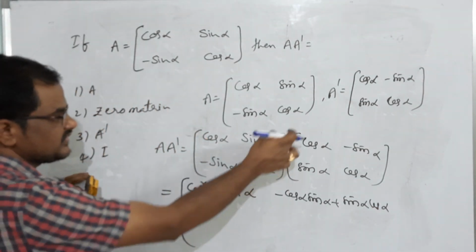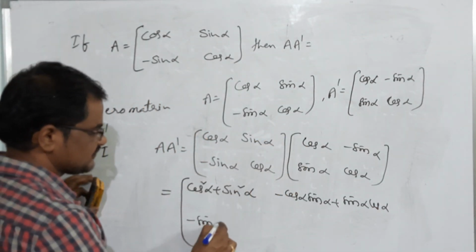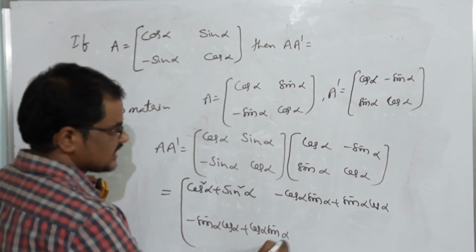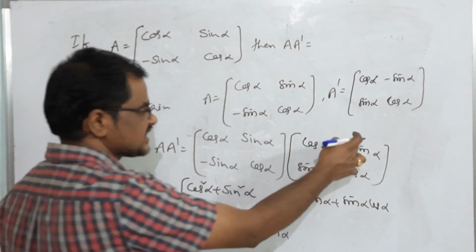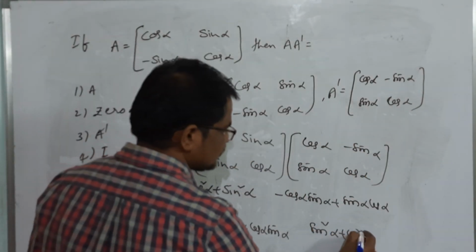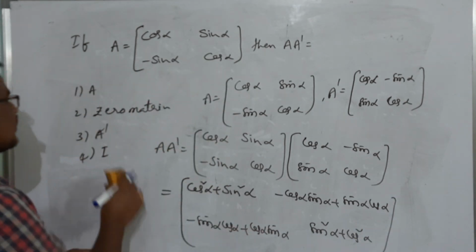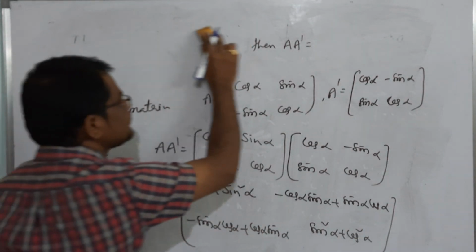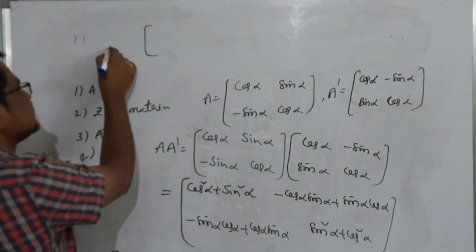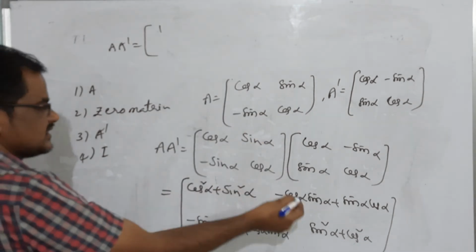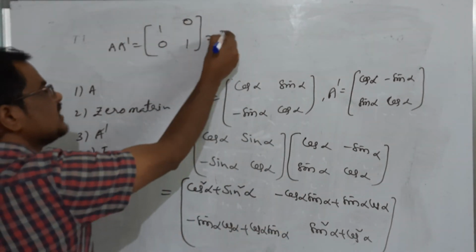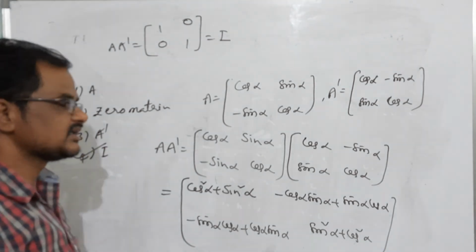Next second row with the first column: minus sin alpha cos alpha plus cos alpha into sin alpha. Next second row with the second column: sin square alpha plus cos square alpha. Now if you simplify this, cos square alpha plus sin square alpha is 1 and this is 0 and this is also 0, 1, that is equal to identity matrix, right?